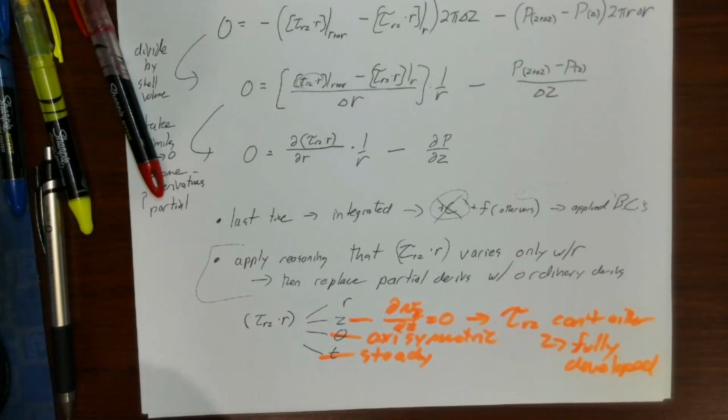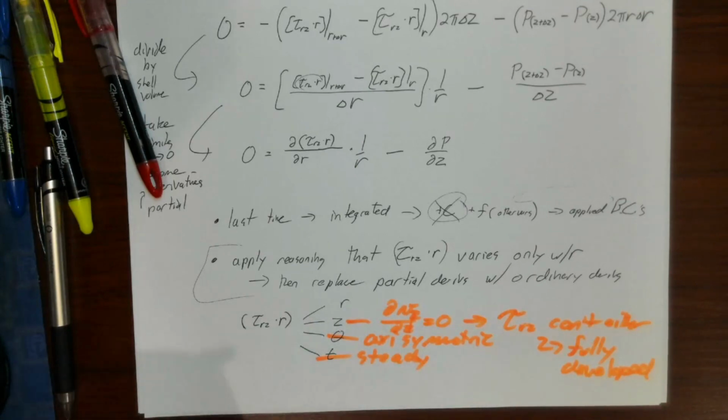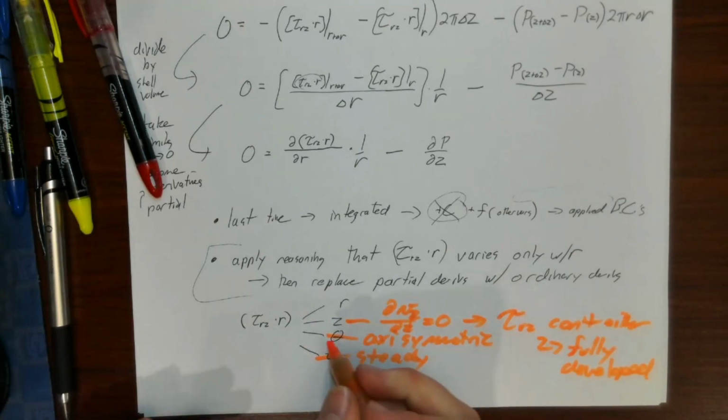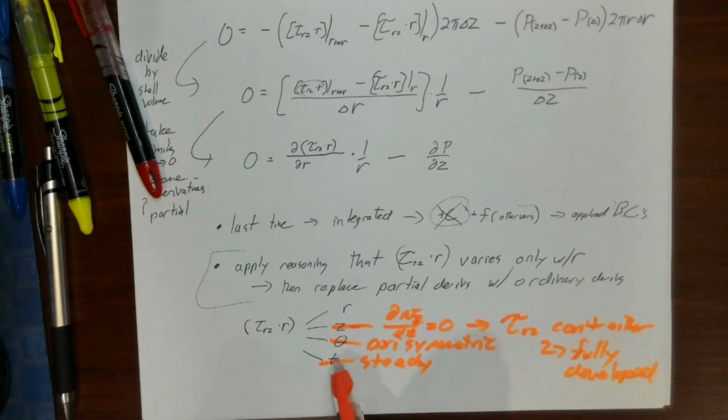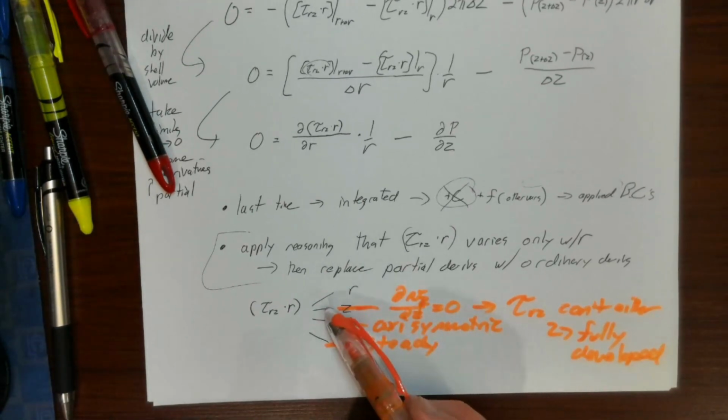So when we have our fully developed assumption, we basically said, hey, tau rz times r shouldn't vary with z, theta, or t. It should only be a function of r and, of course, other known constants, but basically only a function of r. So what does this mean?